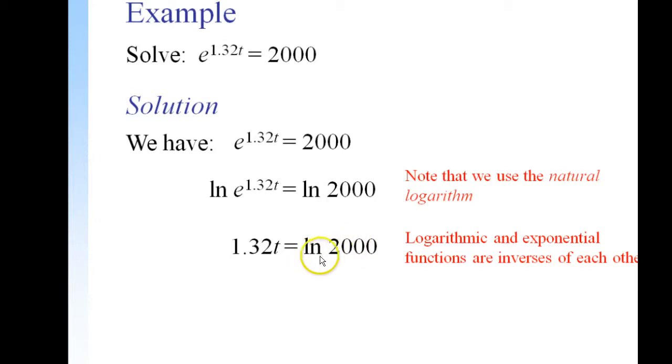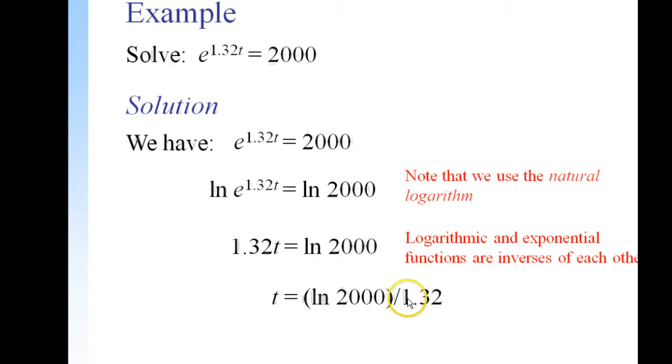So this is what you put into your calculator, natural log of 2000, now divided by 1.32. And again, they didn't write it that way, I like it, but there's your division sign.